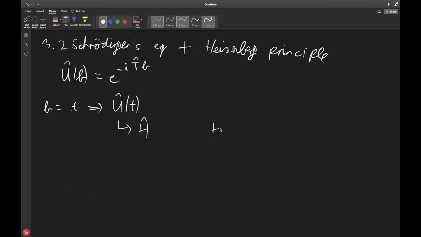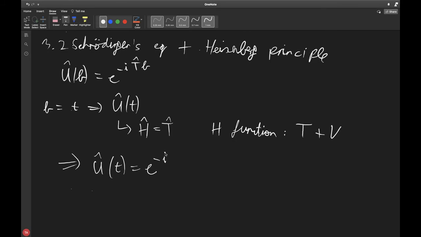We discussed earlier that the Hamilton function was the kinetic energy denoted with T plus the potential energy denoted with the uppercase V. So now if I input these things, that was the H operator, then we get that the description of a change in an operator is going to be described as the exponential of minus i.